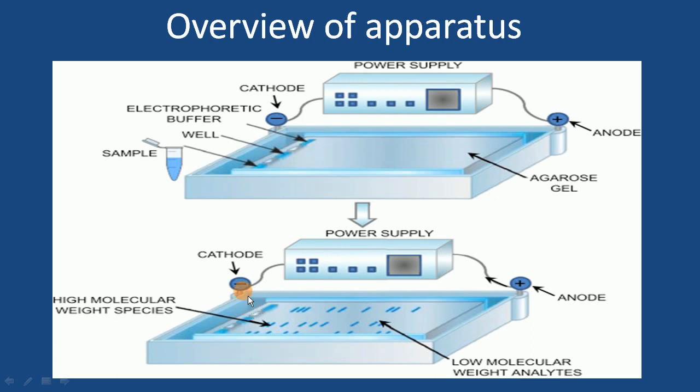It will move towards the positive end. Understood? Because negatively charged DNA and the negative charge here will repel each other. And where will it get attracted? This negatively charged DNA molecule will get attracted towards the positive end.